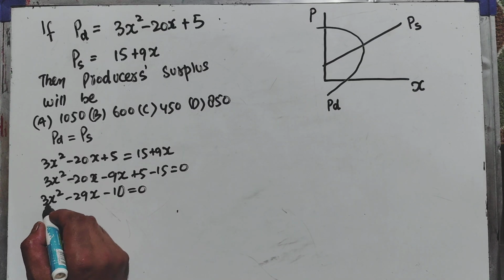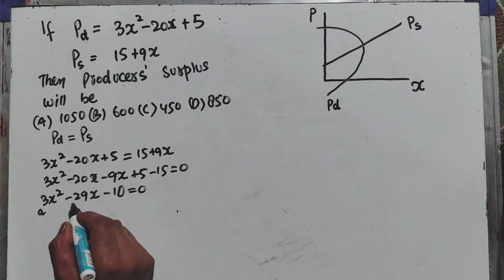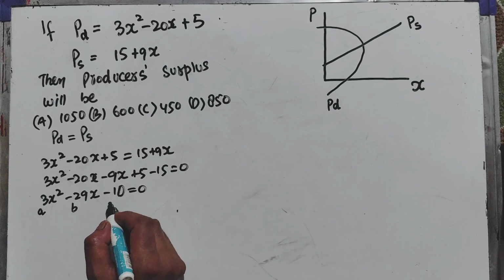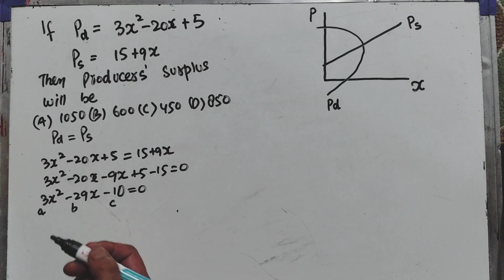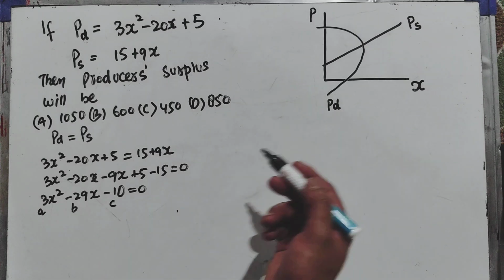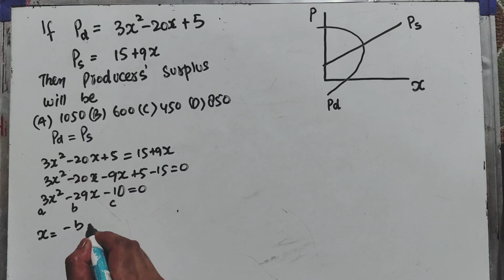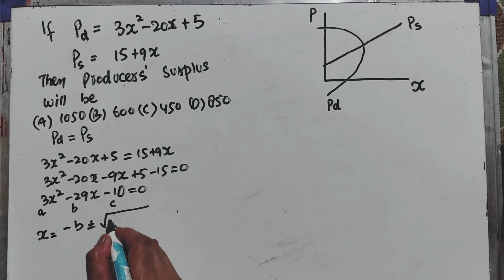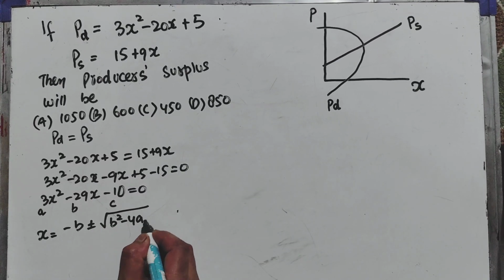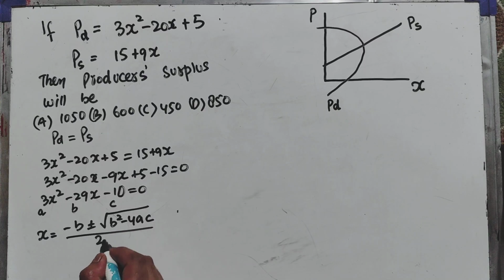The coefficient of x, which is b, is negative 29, and the constant term c is negative 10. How do we use the quadratic formula? We know it: x = (−b ± √(b² − 4ac)) / 2a.